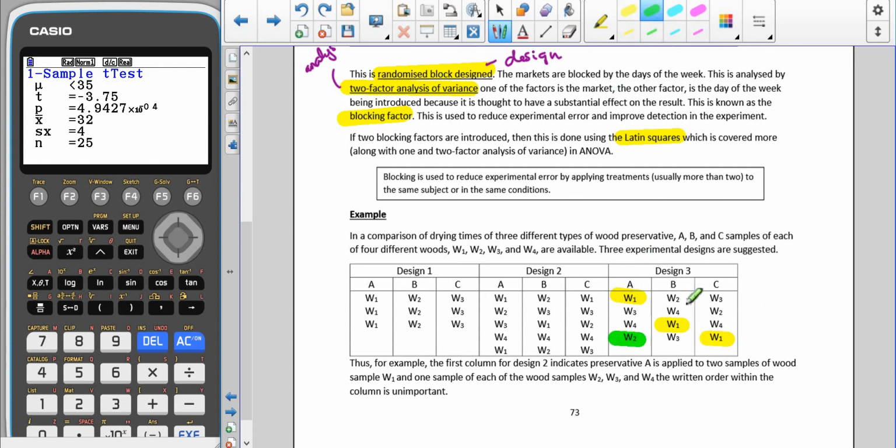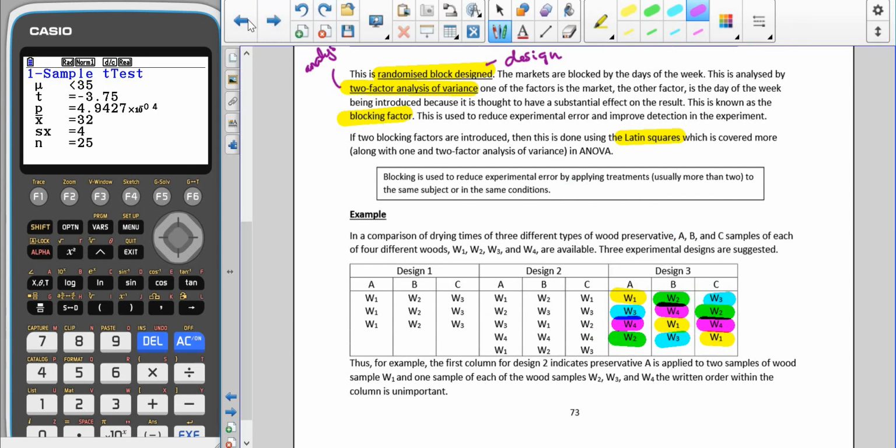Wood 2, again, A, B, and C. 3, A, B, and C. And 4 also has treatment A, B, and C being applied to it.